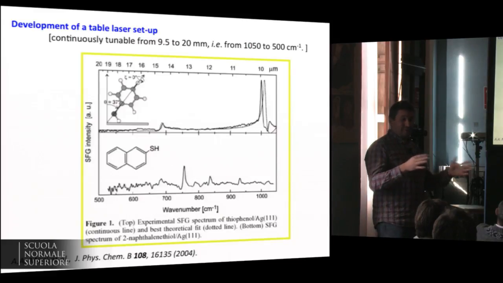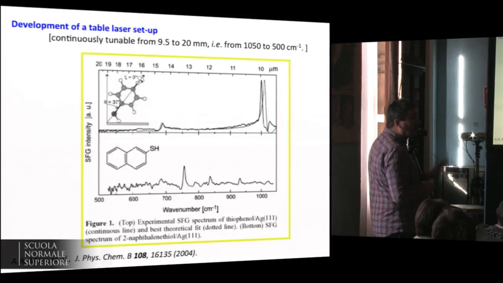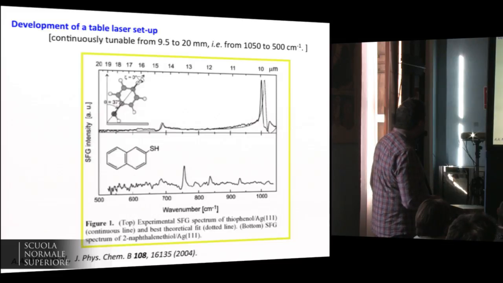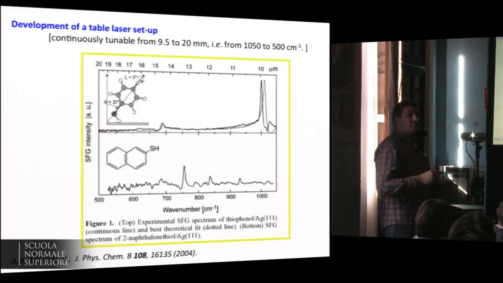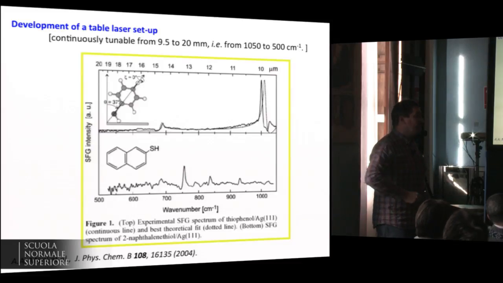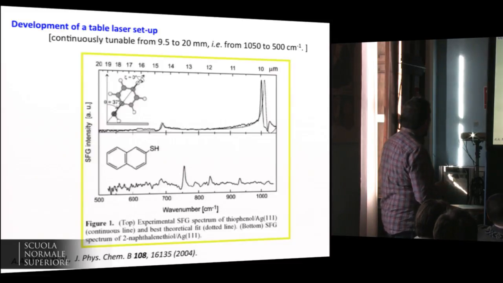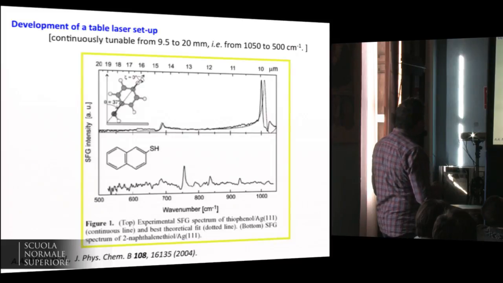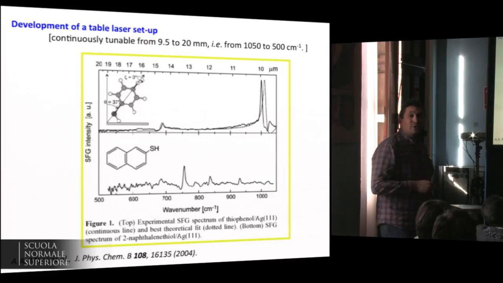So a very small setup to perform experiments, not only at wave numbers corresponding to CH stretching vibrations, but also to go down to this range of wave numbers in order to see some details about the structure of those molecules.